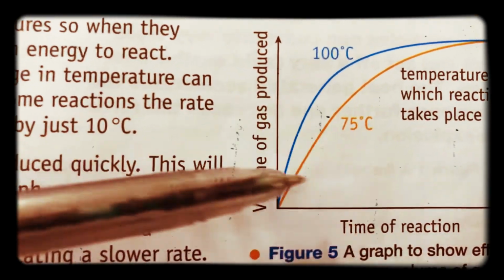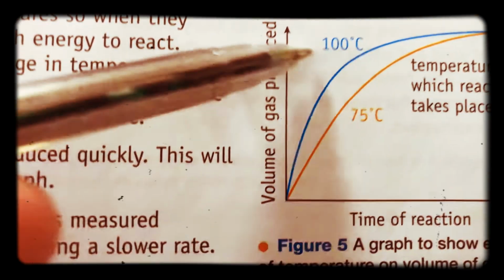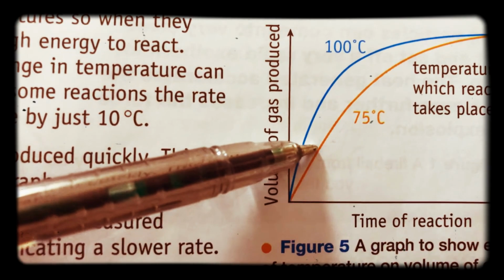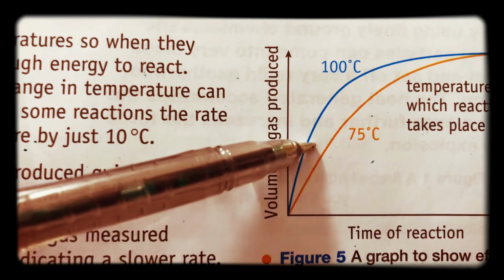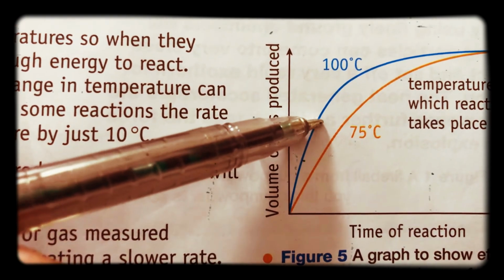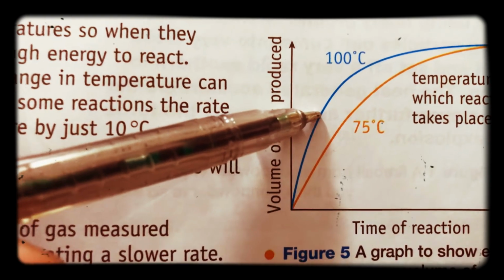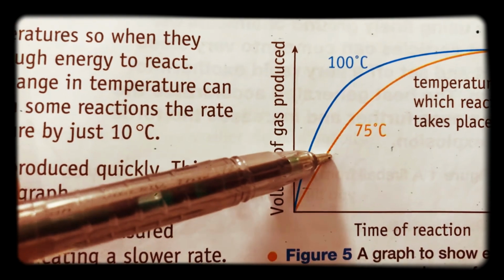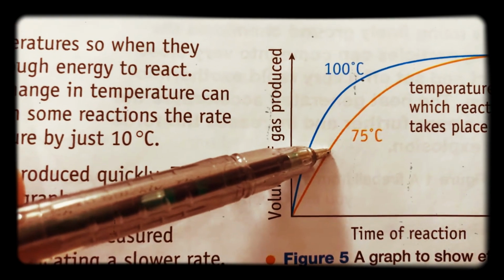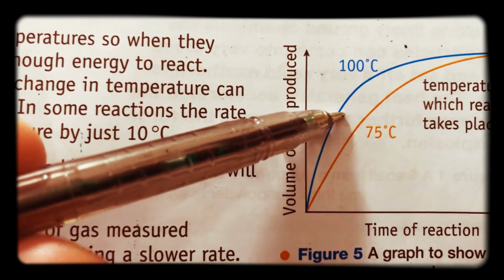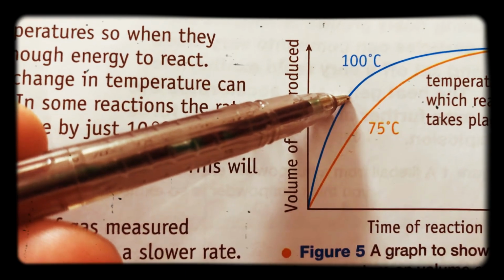Here's a reaction that takes place at 75 degrees, but you would expect more volume of gas product in the same amount of time if the temperature was higher. At 75 degrees, at this point, you would only produce this much. You'd expect more at a higher temperature.